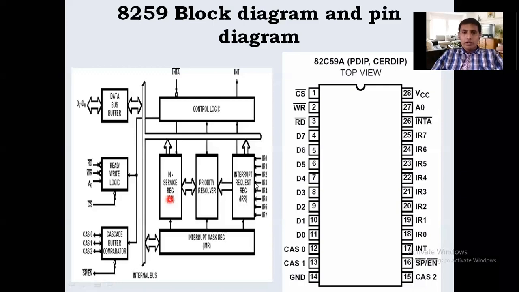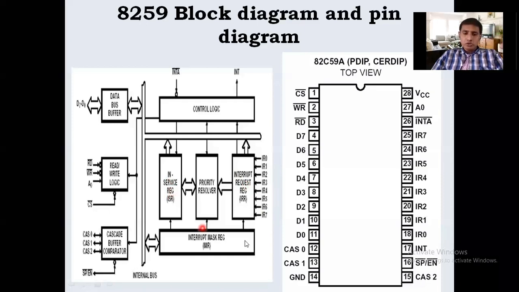So finally, what is the interrupt request register? It receives the requests from all the interrupt devices, and stores the interrupt levels of all interrupts which are requesting service. The interrupt service register is used to store the interrupt levels of interrupts which are currently being serviced.